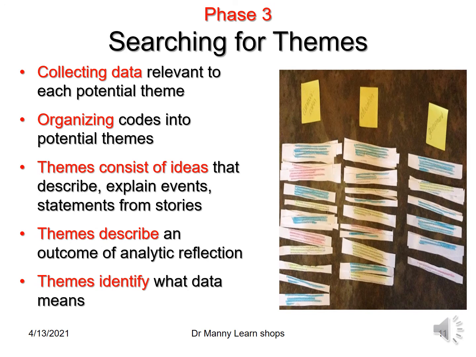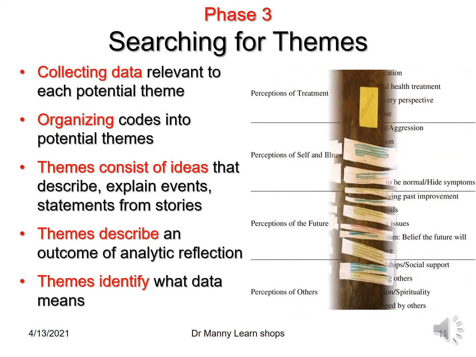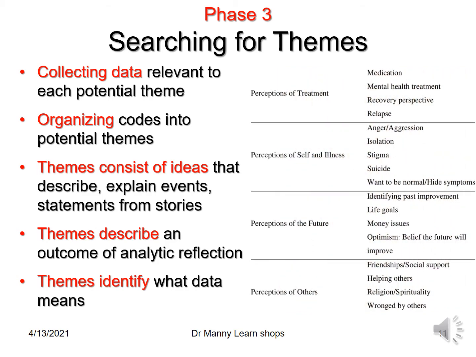Then you've got phase 3. Phase 3 is searching for themes. And this is where collecting the data relevant to each potential theme, then organising the codes into potential themes. The theme consists of ideas that describe, explain events or statements from stories that you're being told.